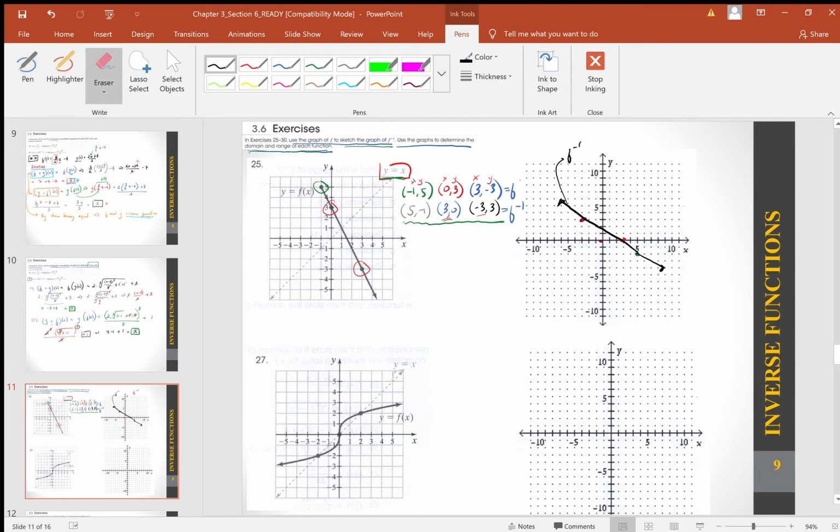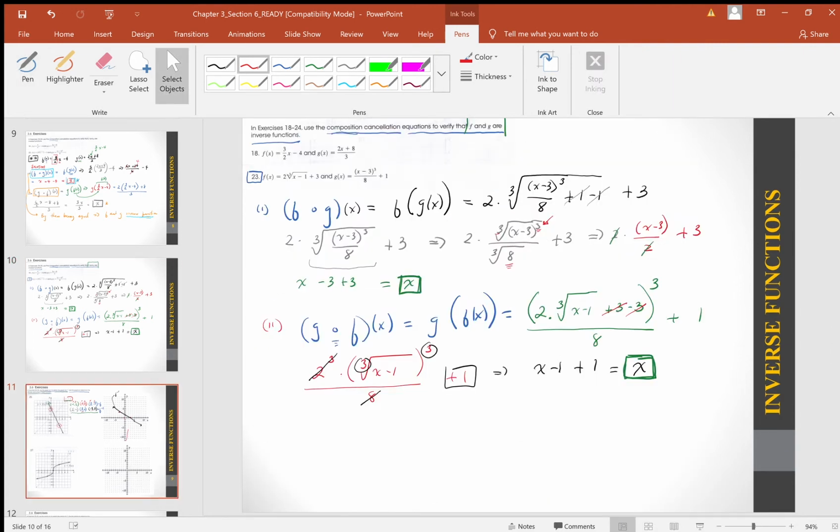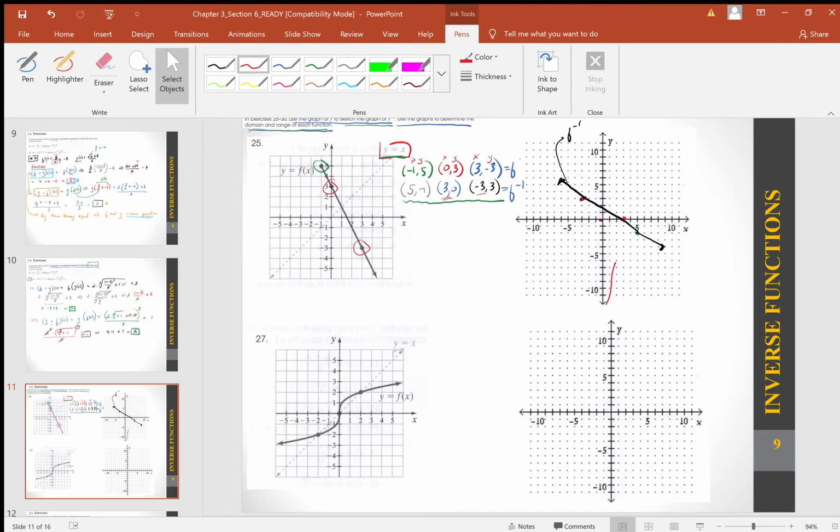Okay, now they want to ask us the domain. So keep in mind that your domain is always your input along the x-axis. So the domain for f of my function, this function right here, and that's your input, right?